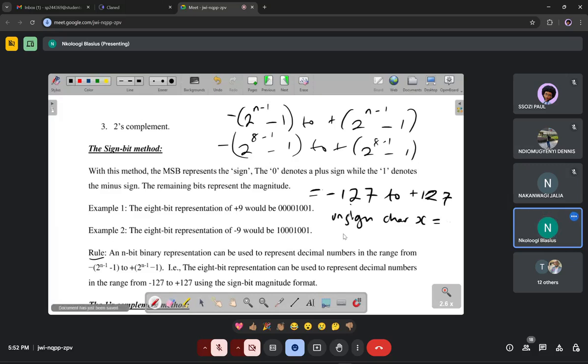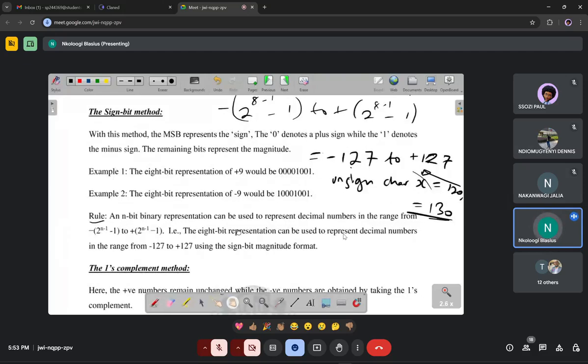Maybe you wanted to store 120. So that means that this 120 can be able to go within this range. So if you wanted to store something like 130, then you always receive an error in your code. Yeah. So that is how those things will be very important, like Andrew asked earlier on.